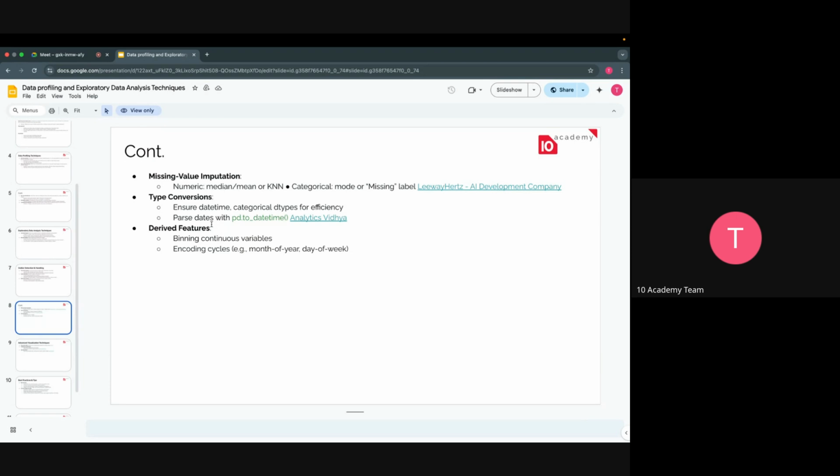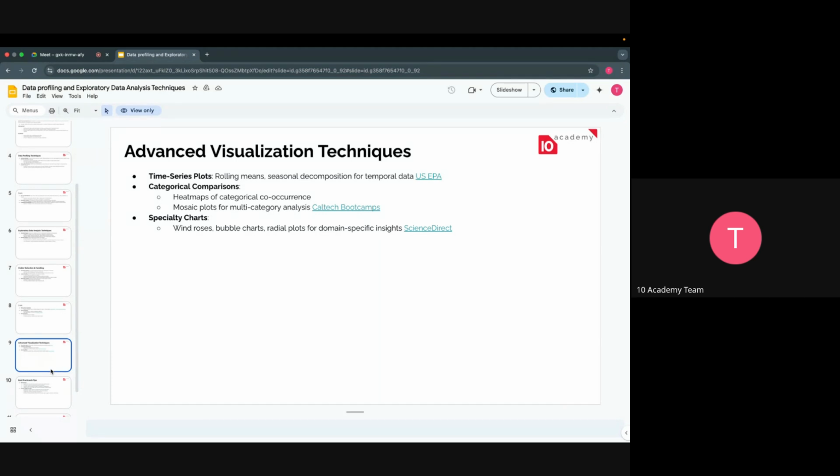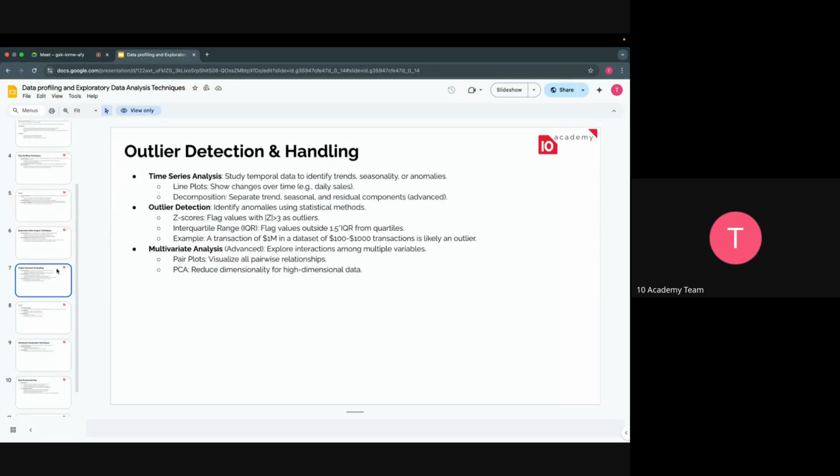We can parse dates by using to_datetime, which is a method under pandas. And derived features: for instance, binning continuous variables and encoding cycles, so months of the year and day of the week, we can encode these as well. So actually, let's see some examples about these things, okay?